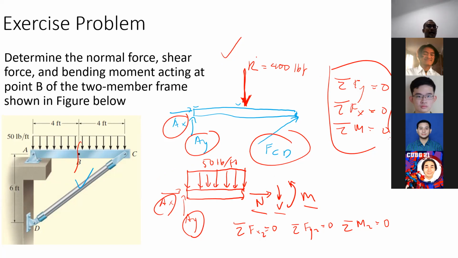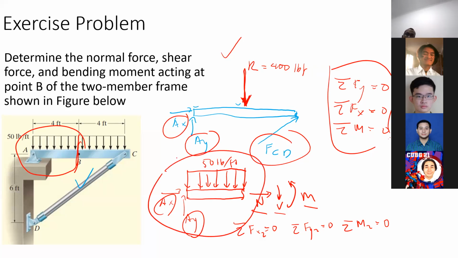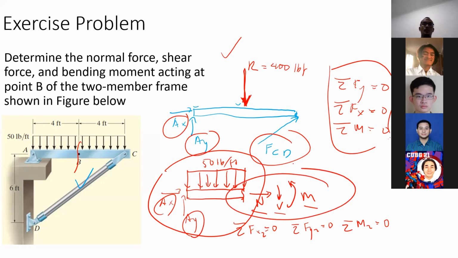So for example, I will try to solve the left section here. After finding out the Ax and Ay, then this will be my free body diagram. Ax and Ay will be there. The distributed force will be there, and I do the section at point B. So at point B there will be moment, normal force, and shear force.